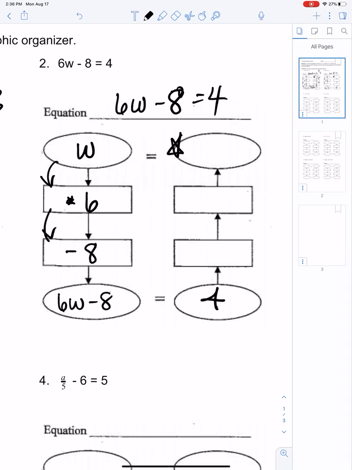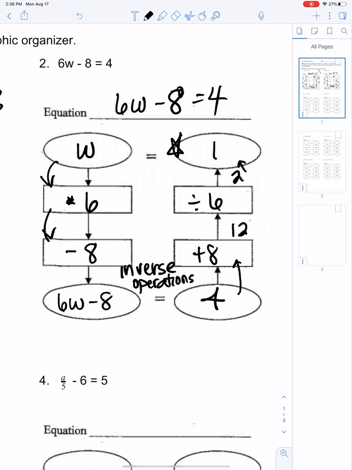We are going to use inverse, which is opposite operations, as we go up the other side. 4 plus 8 divided by 6. 4 plus 8 ends up being 12. Divided by 6 is 2. So our answer is 2.